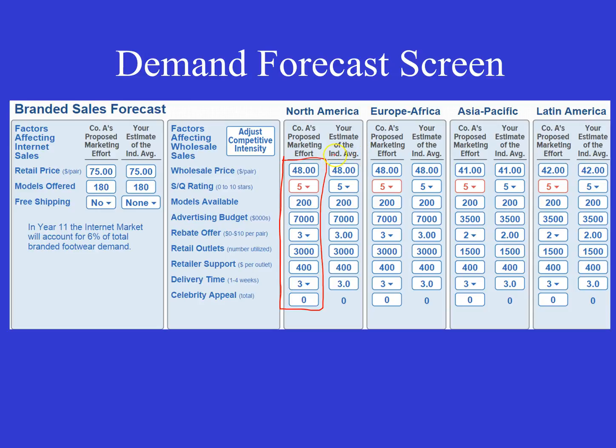Over here, this is the industry average for all of the determinants in that particular region. So your demand depends upon your determinants of demand and how they relate to the average in each geographic market.